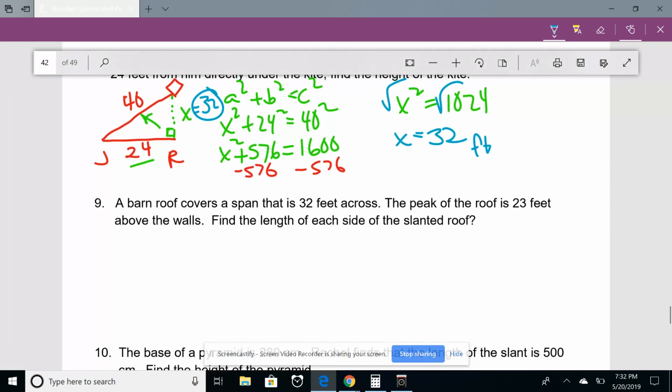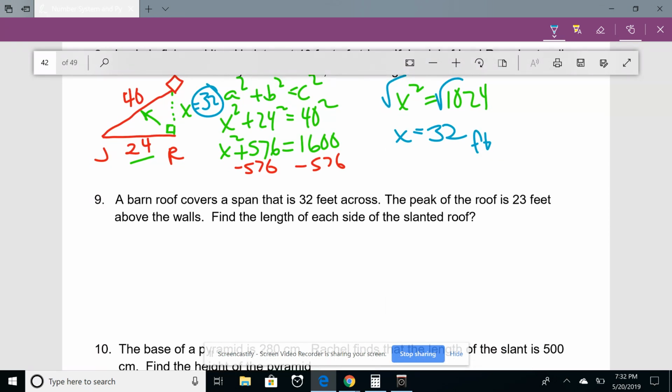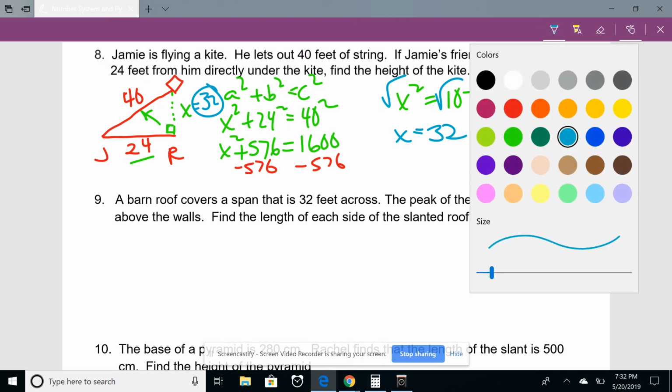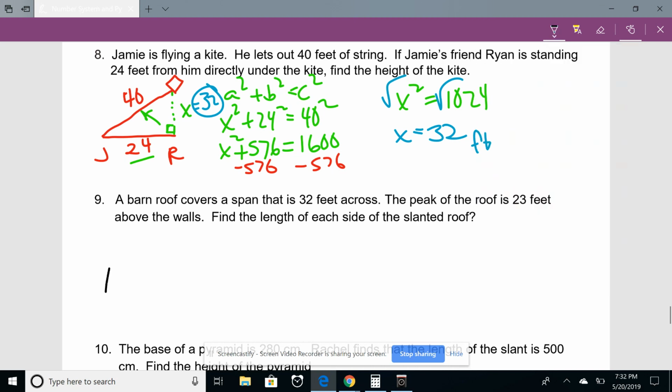The next one, the barn roof covers a span that is 32 feet across. The peak of the roof is 23 feet above the walls. Find the length of this slanted roof. All right, so we have a barn. Let's draw a barn here.